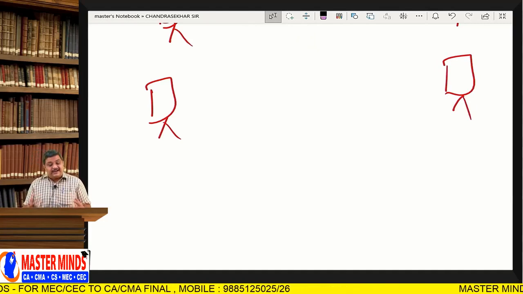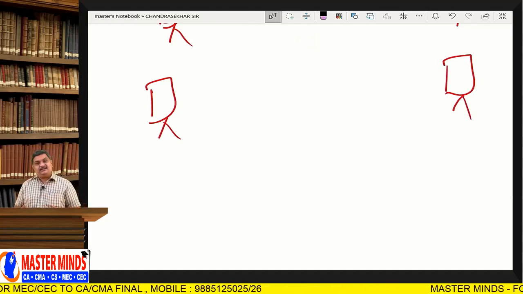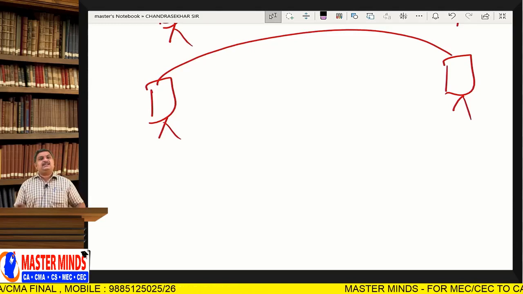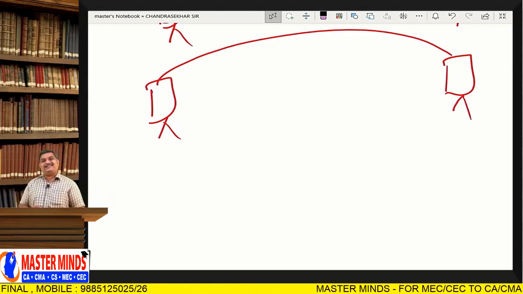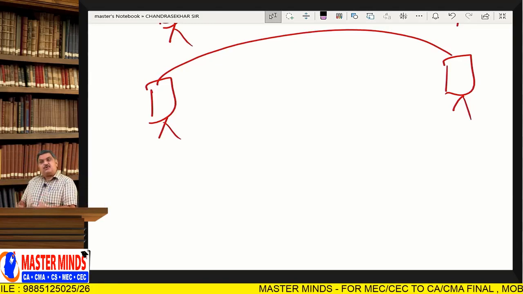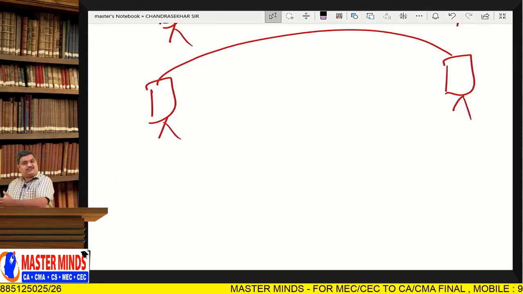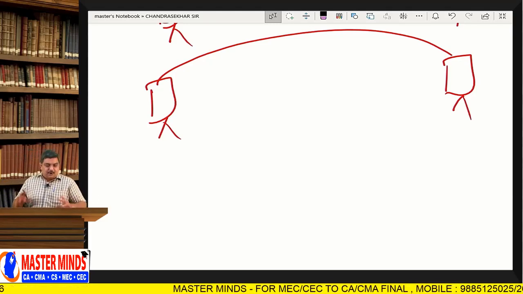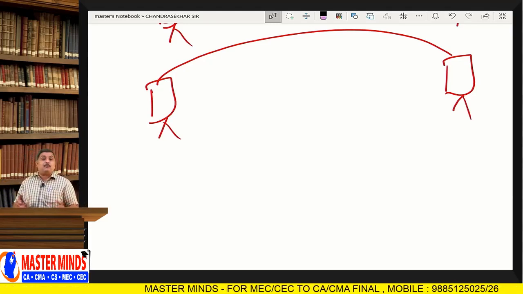Means they are ready to be connected. Now, how can I connect two open systems? If they are closed systems, I cannot connect, isn't it? Closed systems means that system is not capable of connecting with another system. So, there is no issue there. The problem is only with how to connect the open systems.